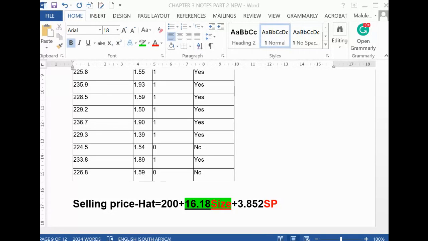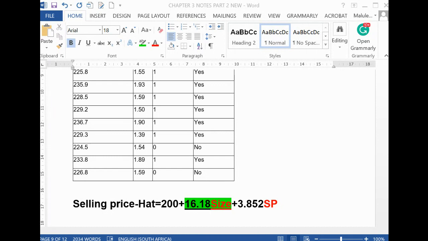It means you will say, holding constant the effect of the swimming pool, when you increase the size of the house by 1,000 square feet, we expect our what? Our selling price to increase by $16.18 thousand.